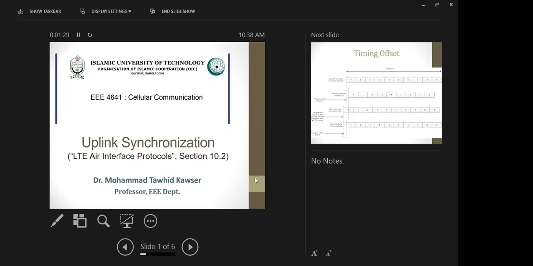Now, when do you need uplink synchronization? Well, you don't need it if you don't have any active data transfer. But when you are in a data session, then you are sending some data.